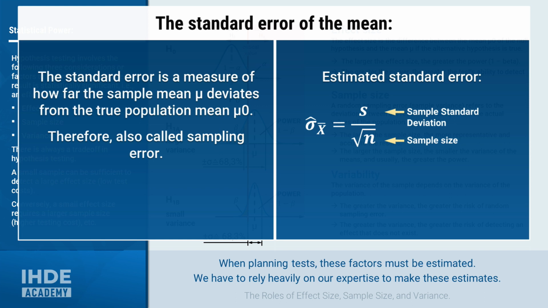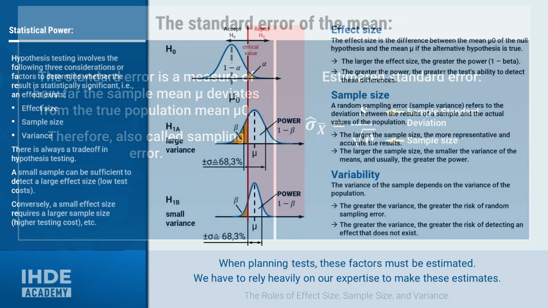At this point, this is a reminder that standard deviation and sample size play an important role in hypothesis testing and significantly impact statistical power as the test's ability to detect an existing effect.